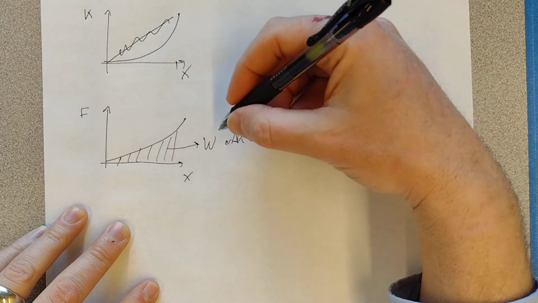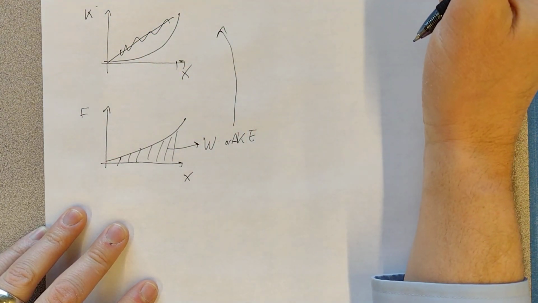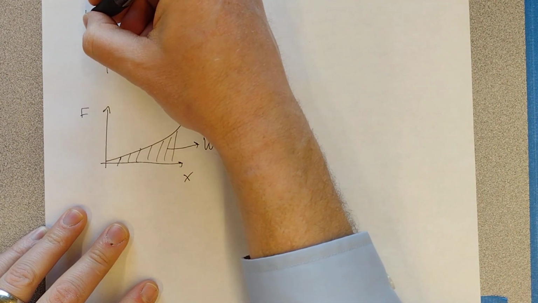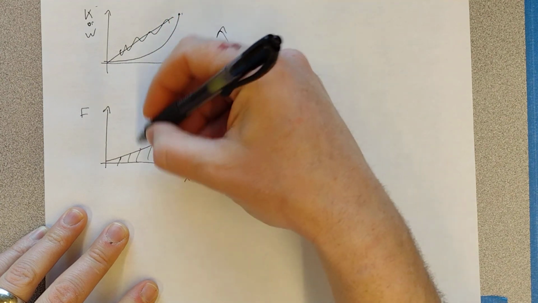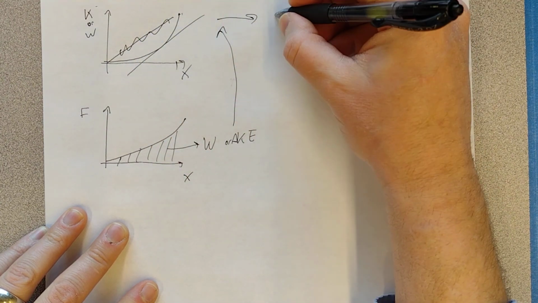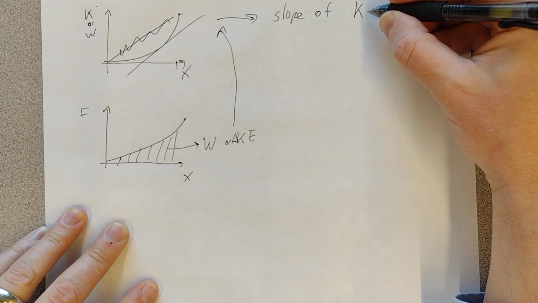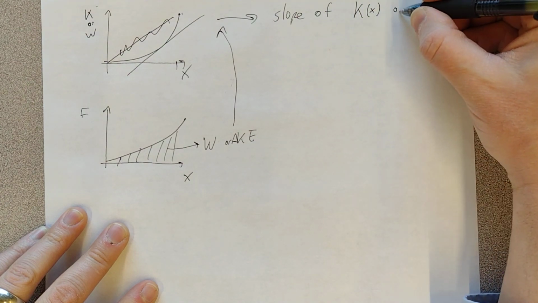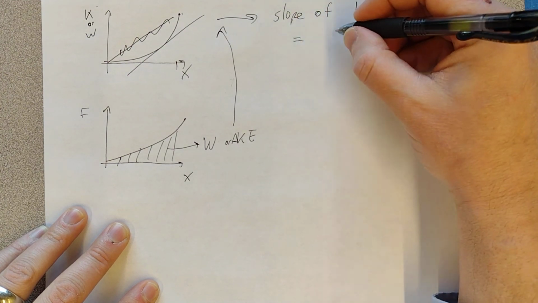If we take the antiderivative, we get up to kinetic energy versus position, or work versus position. So to get back down to here, it turns out the slope of a kinetic energy position function or a work position function equals force.